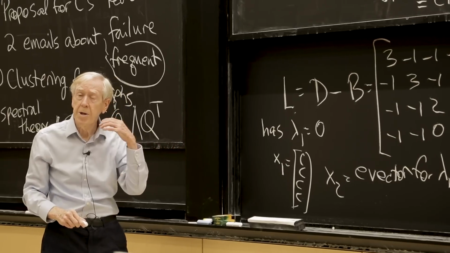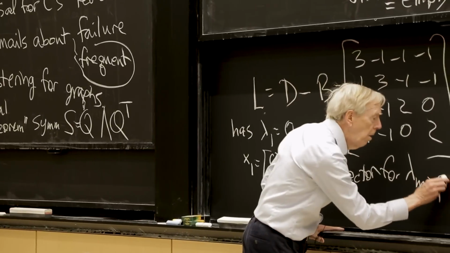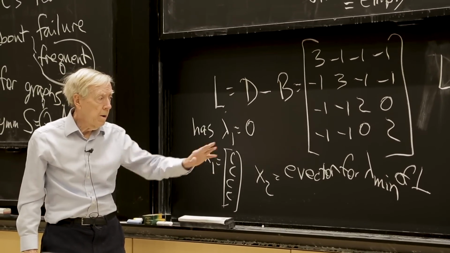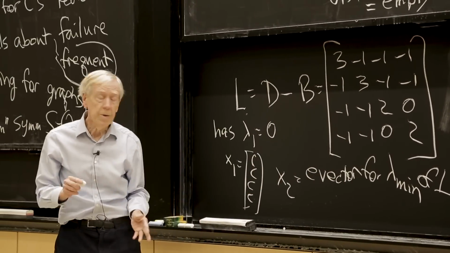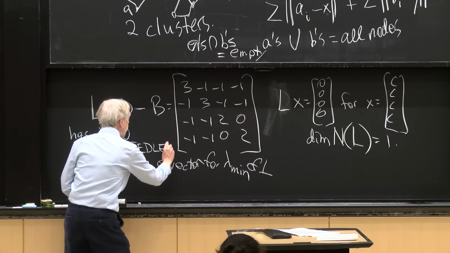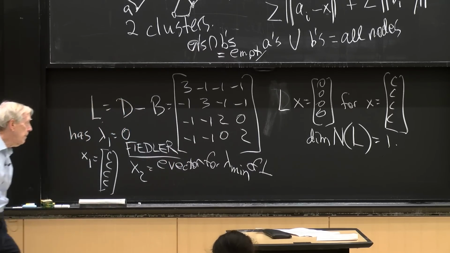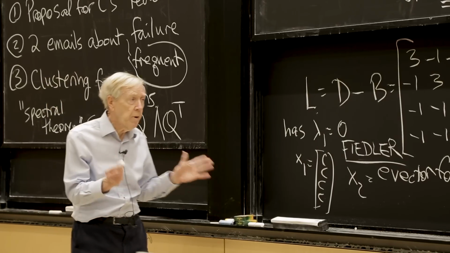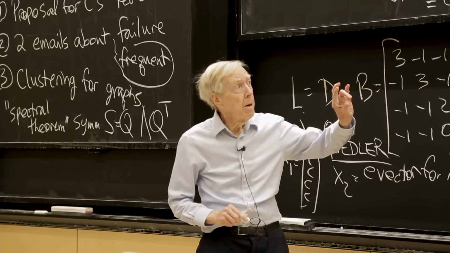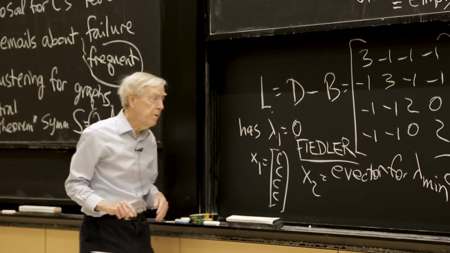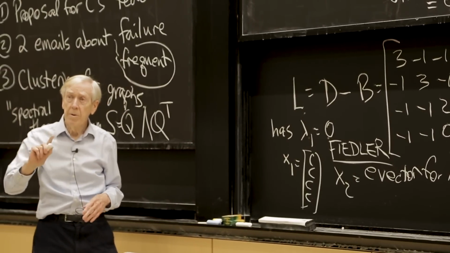So the smallest eigenvalue of L and its eigenvector, this is called the Fiedler vector, named after the Czech mathematician, a great man in linear algebra. And he studied this situation. So everybody who knows about the graph Laplacian is aware that its first eigenvalue is 0 and that the next eigenvalue is important.